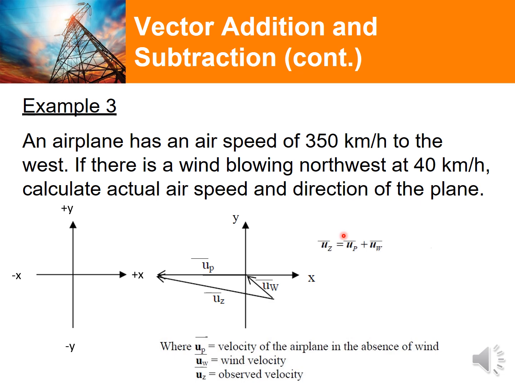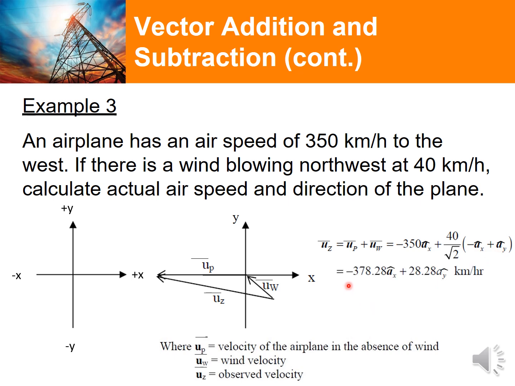UZ is equivalent to UP plus UW. UP is equivalent to 350 in the negative x direction. UW, which is in the northwest direction, has x and y components. Using Pythagoras theorem, we have UW equivalent to 40 divided by square root 2, negative x plus y.